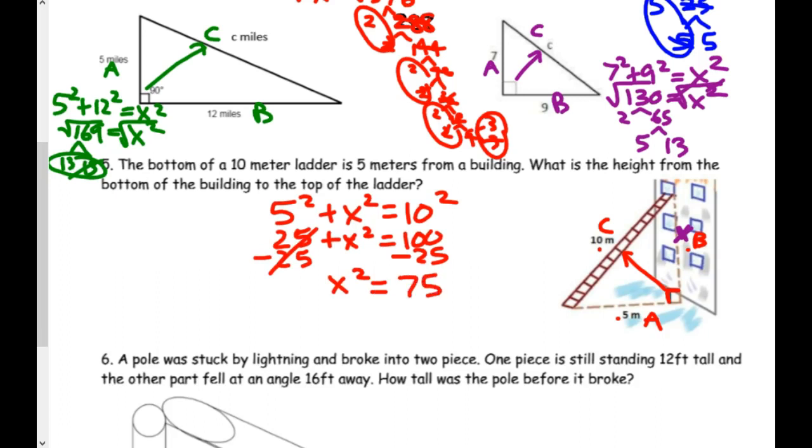X squared equals 75. Now, notice, it's asking us for the height. And in the real world, when we're talking about buildings and lengths, we don't actually measure in square root signs or square roots or radicals. So we're actually going to just plug this into the calculator to get our answer.